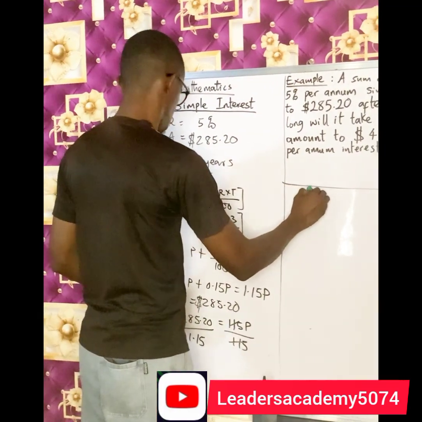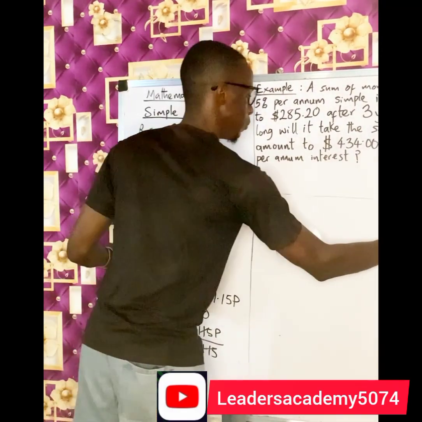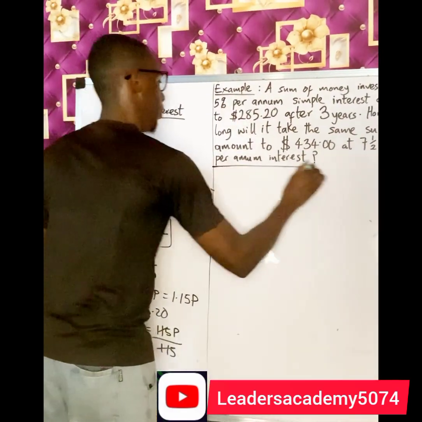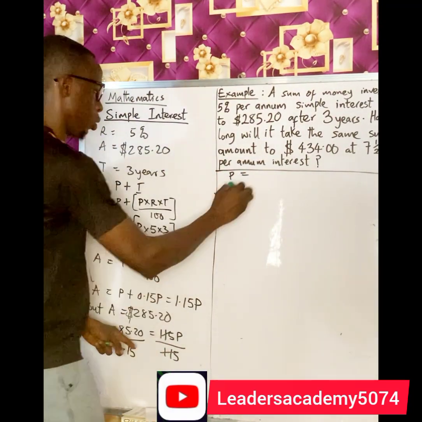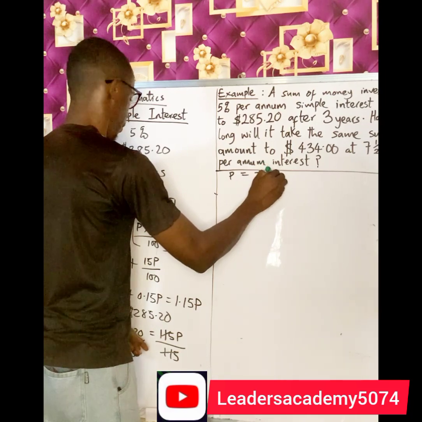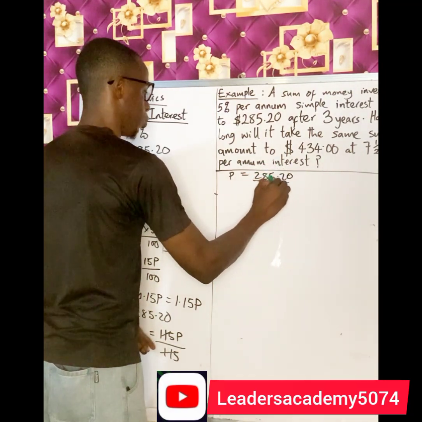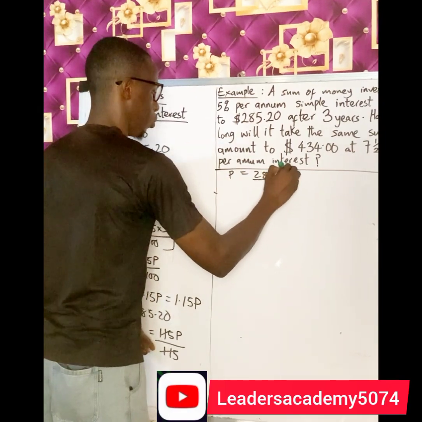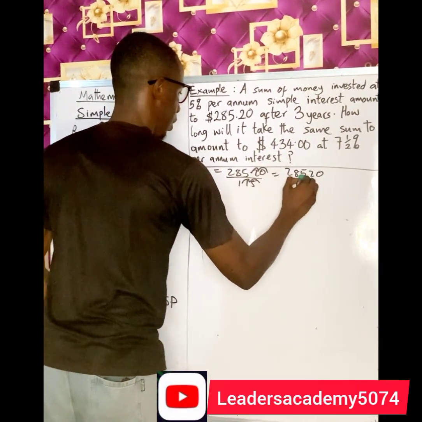Therefore P is equal to 285.20 over 1.15, which is 28520 over 115.